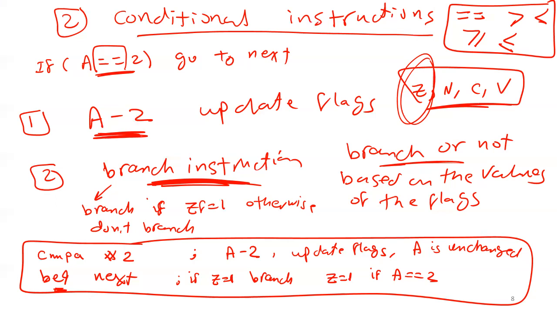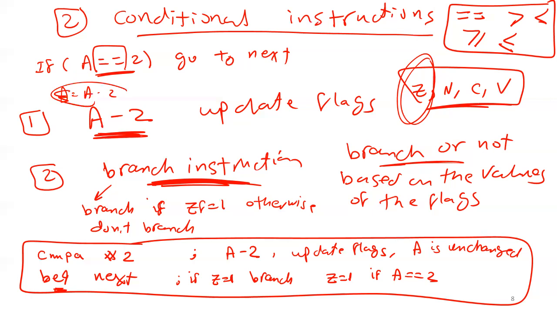If you do subtraction, the result is going to be stored in A. You remember? So if you do subtraction, A should equal A minus 2. So you're going to change A. And keep in mind, I don't care about the difference. All I want is to do subtraction, update the flags, and not store the difference anywhere.